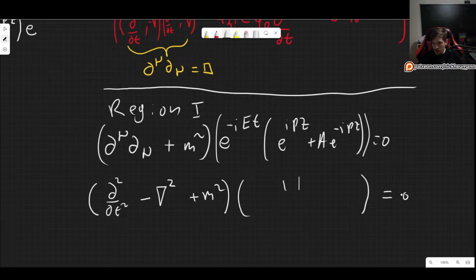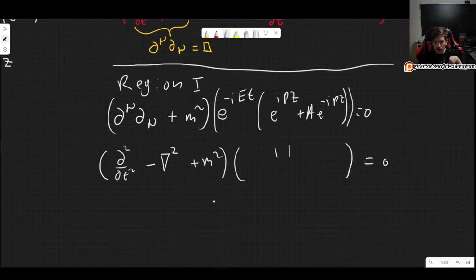And now we actually apply this. Now we know how to do this. There's nothing new here. So, the time derivative of this entire thing. If we apply the time derivative twice, we get minus i squared, which gives us a minus, so it is positive. We have E squared, and then everything else is still the same, times the wave function. I'm just going to write it like this because why would I bother writing it down again?